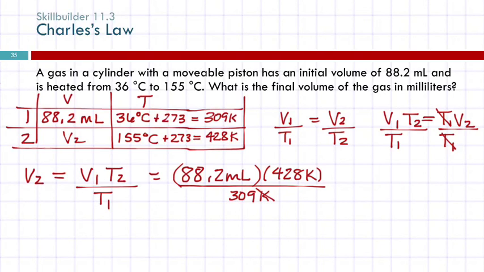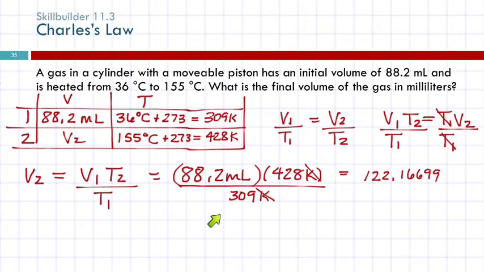Looking at the units, the kelvins are going to cancel out, so that's a good sign. If your units don't work out, maybe you rearranged the equation incorrectly. 88.2 times 428 divided by 309. My calculator is showing me 122.16699, and so on.